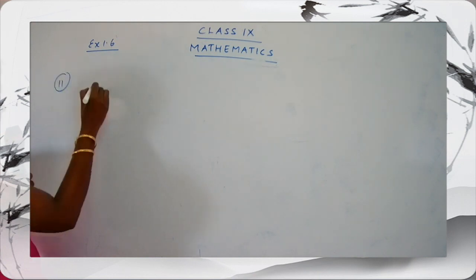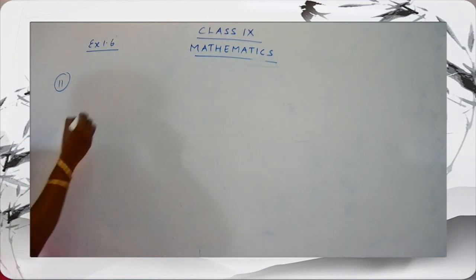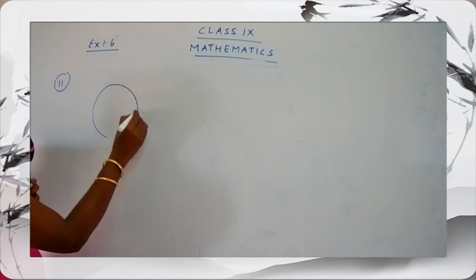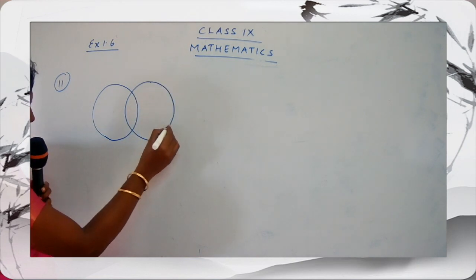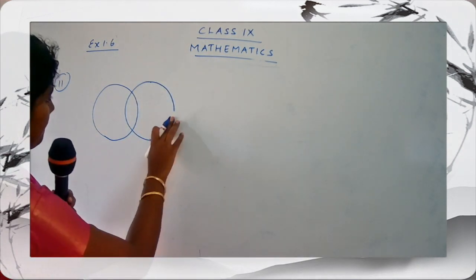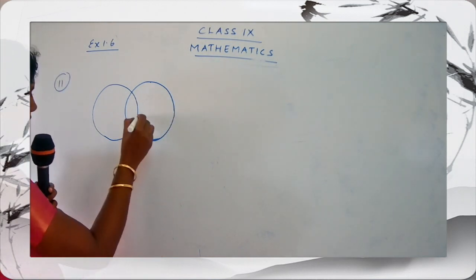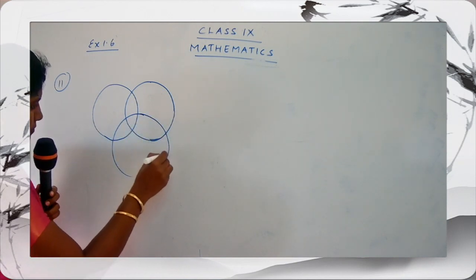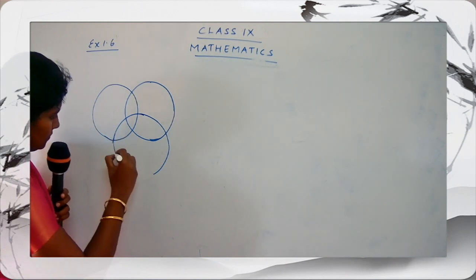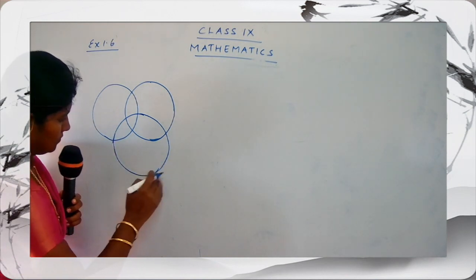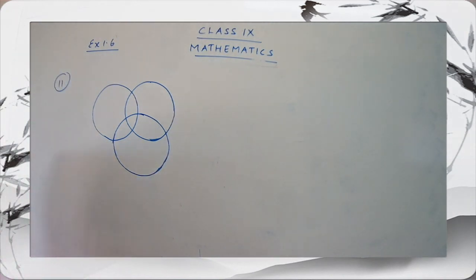Sum number 11. Okay, so they have given you a rectangular box also.